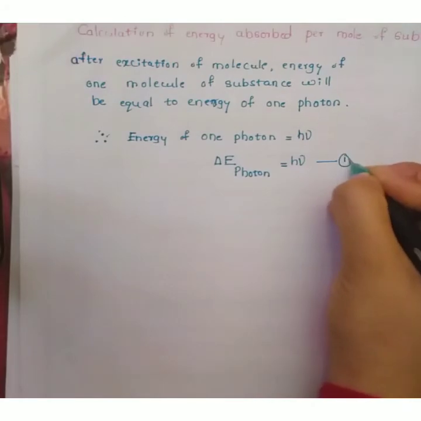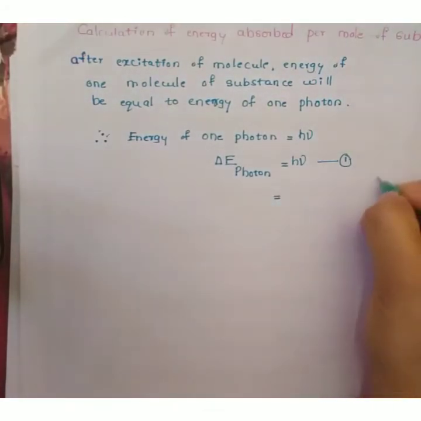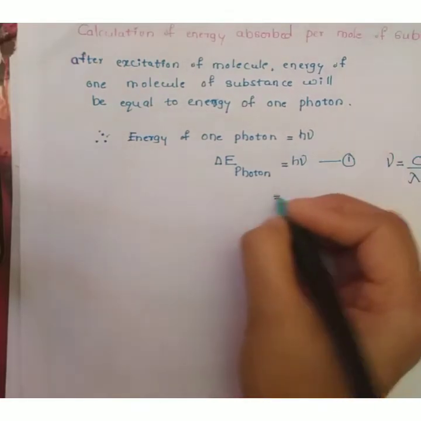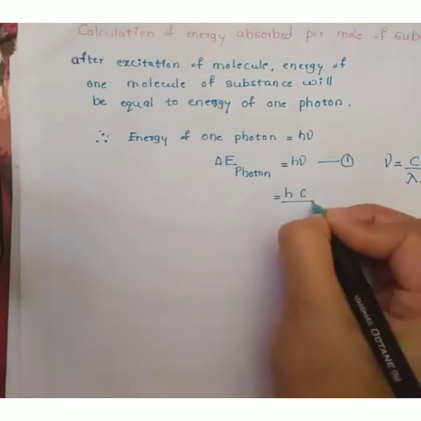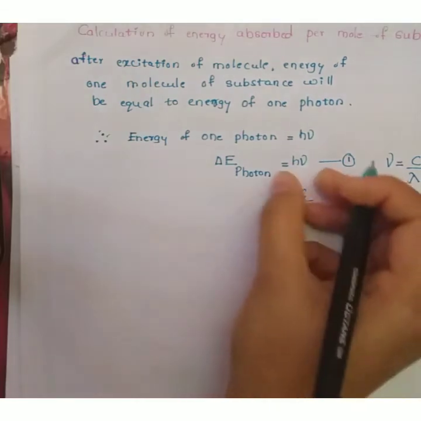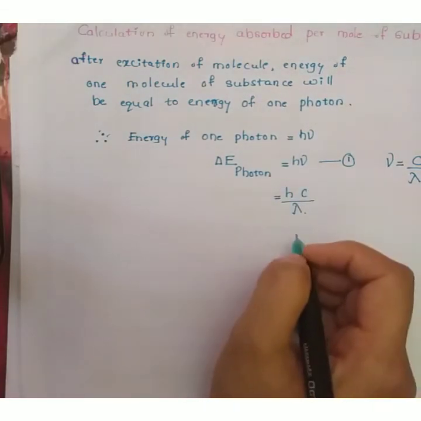This is the first equation. We all know that nu is c by lambda, so the above equation becomes hc by lambda.